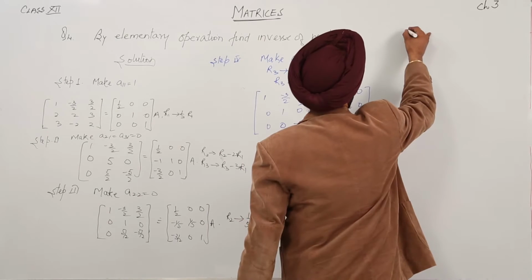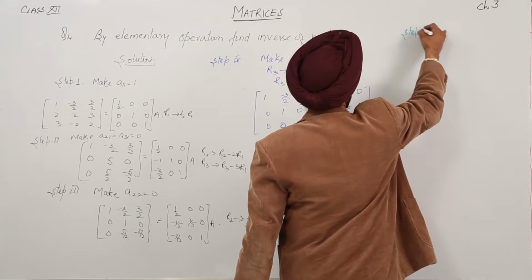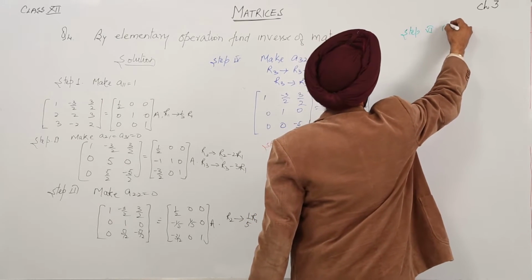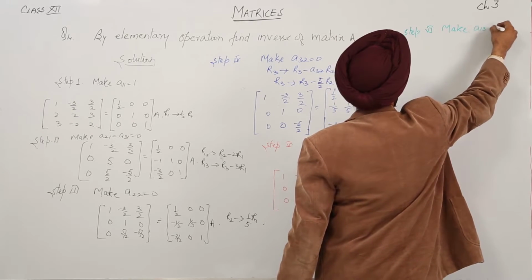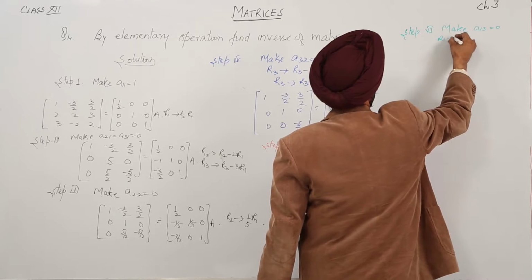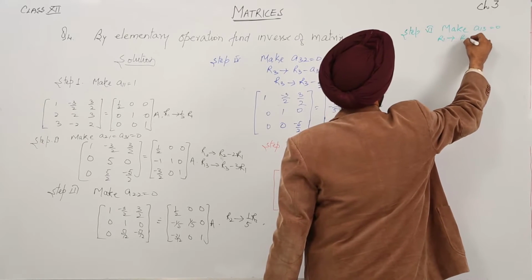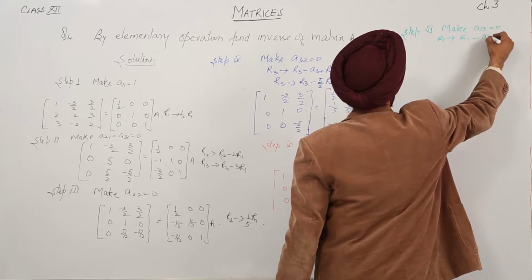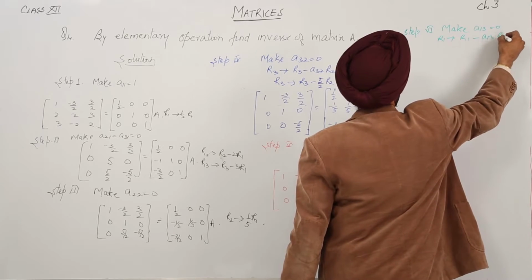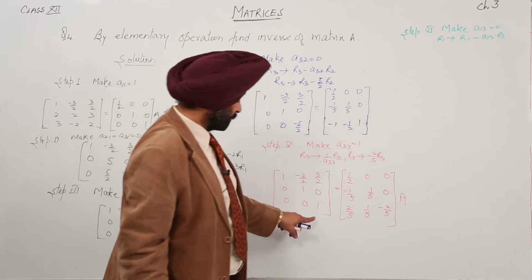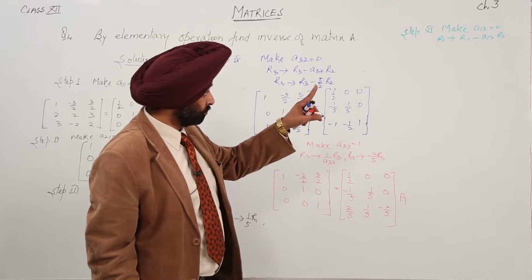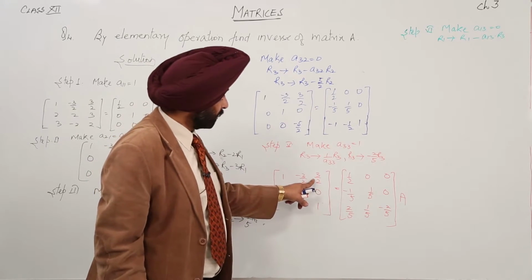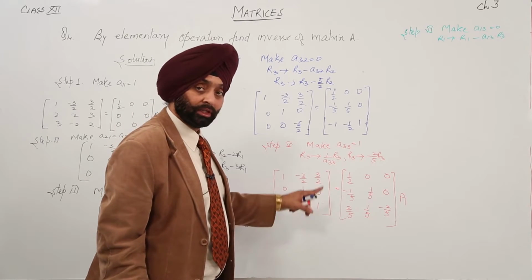Step 6: make A13 equal to 0. We are applying R1 approaches to R1 minus A13 into R3, with R3 meaning this 1, 3 by 2 minus 3 by 2 into 1, that is again 0.